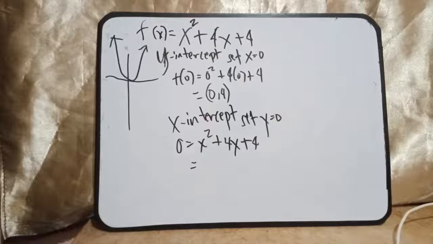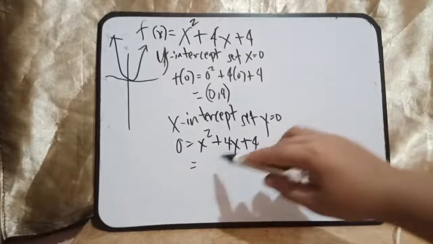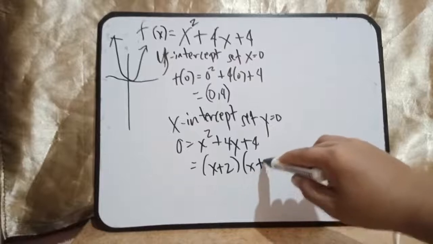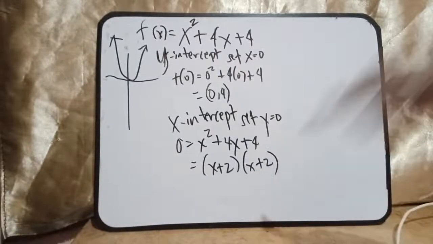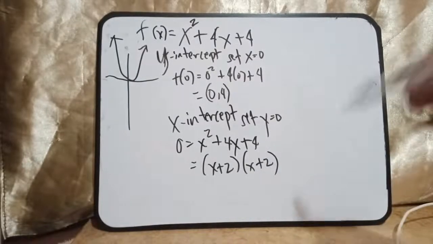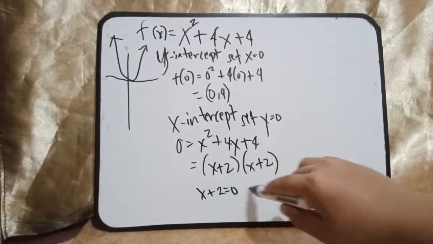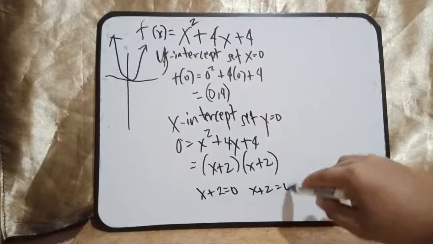We have x plus 2 and then x plus 2. So, yan yung factor natin. Therefore, x plus 2 is equals to 0, then x plus 2 is equals to 0.